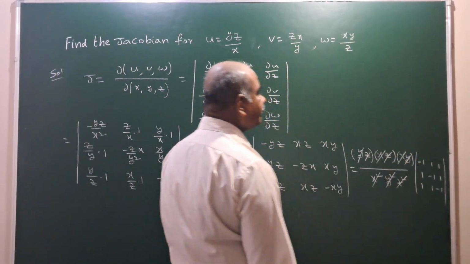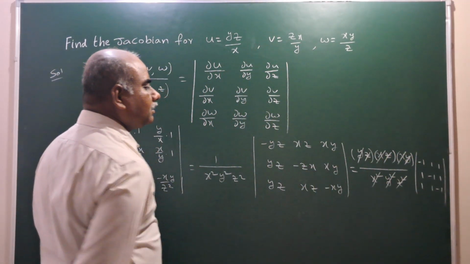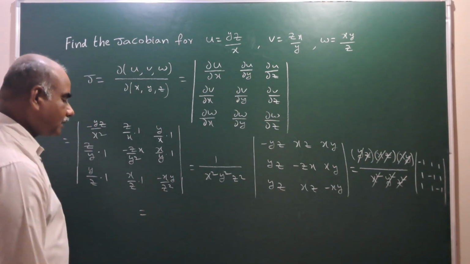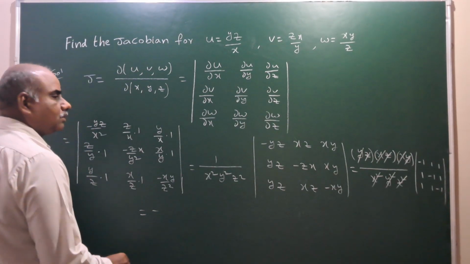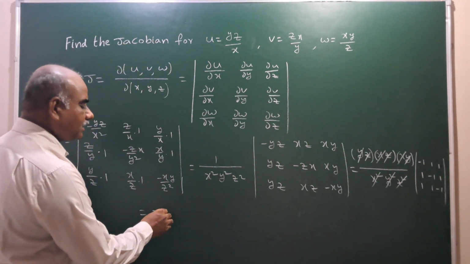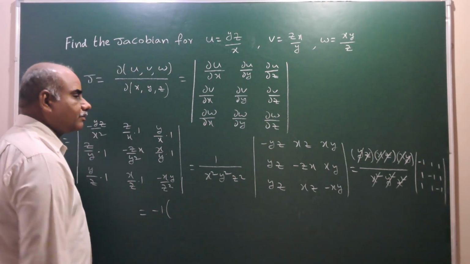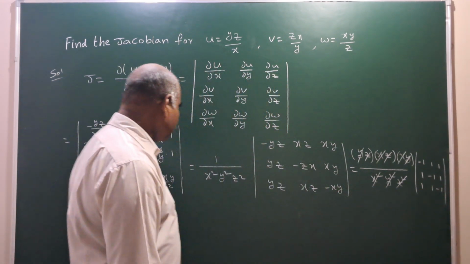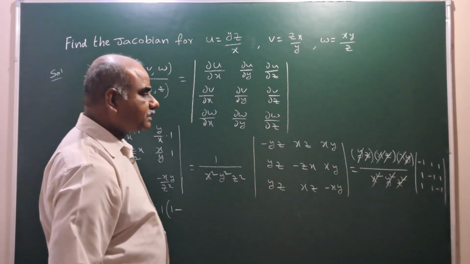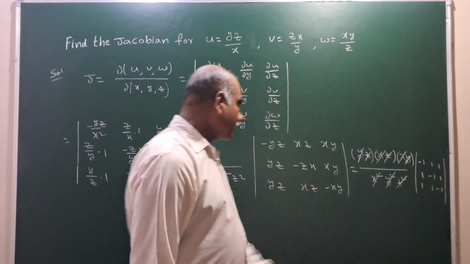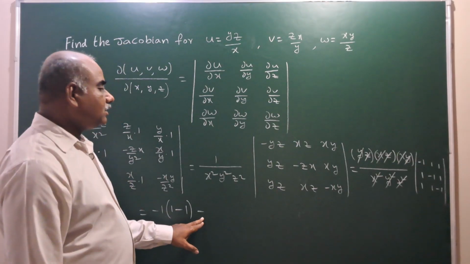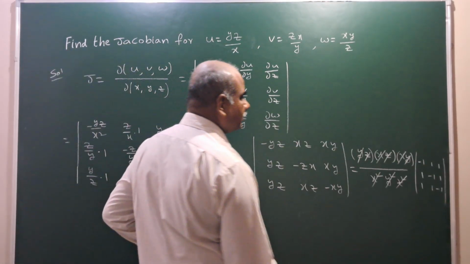Okay. Now we have to evaluate the determinant. We have to expand the determinant along the first row. Minus 1 into, multiply these two elements: minus 1 into minus 1 plus 1, minus 1 into 1, 1. Next, minus is in the formula.